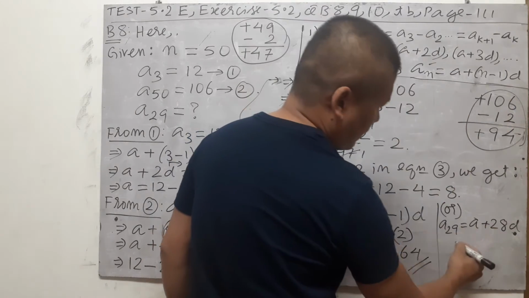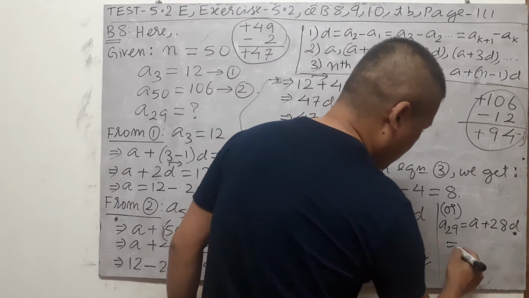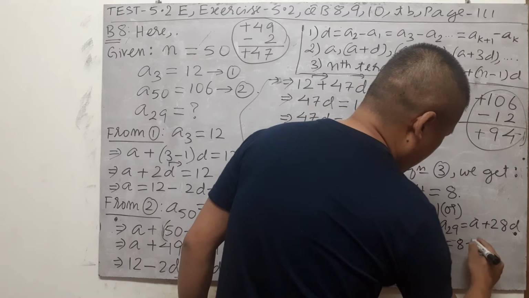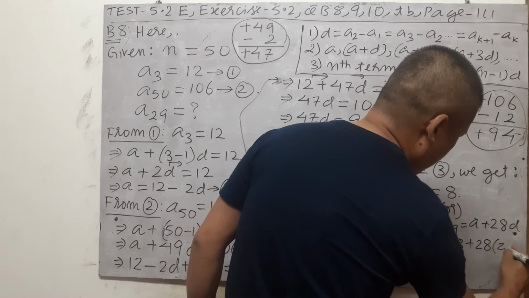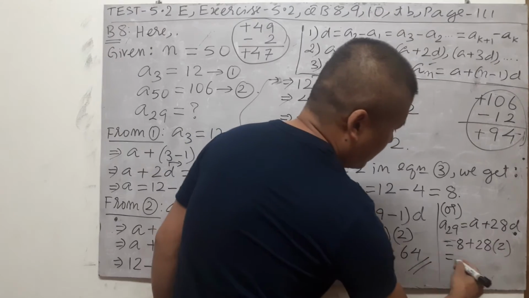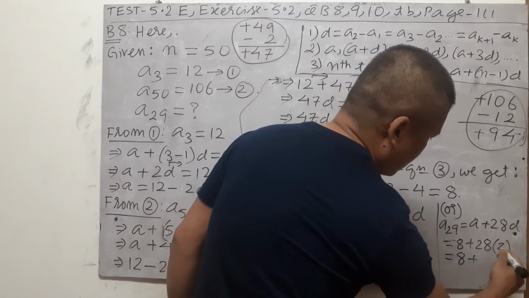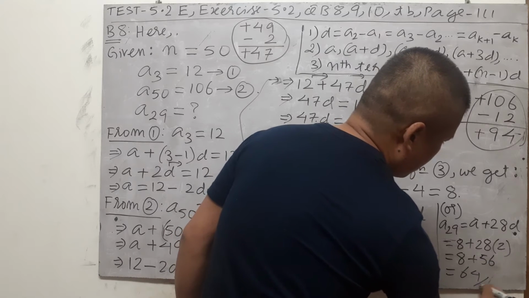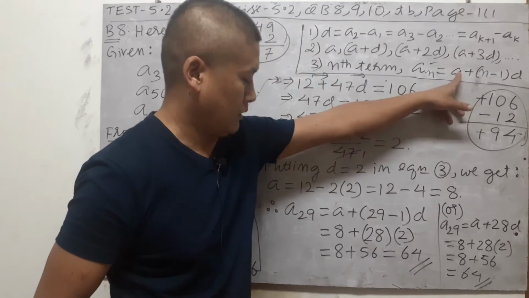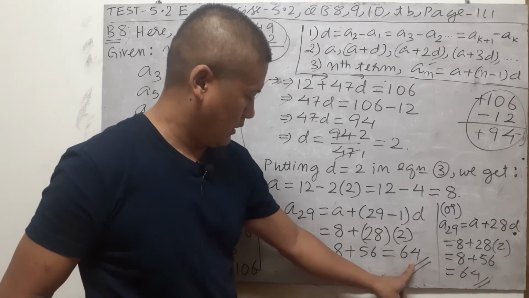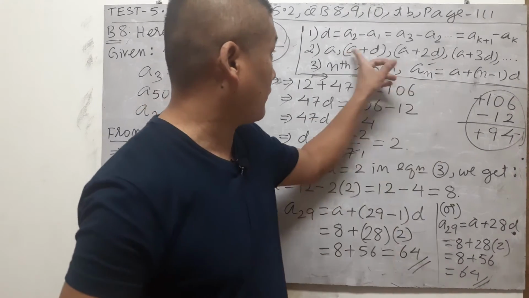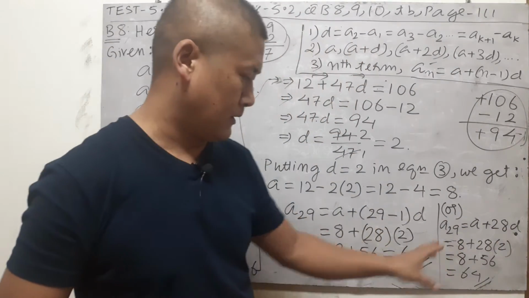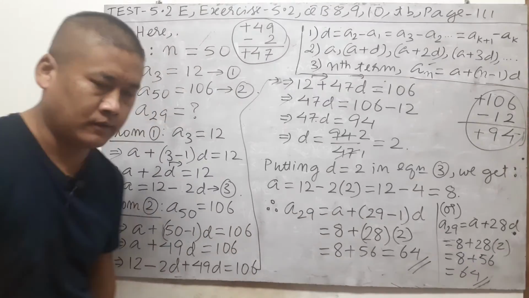Using this formula, we can easily get a is 8, so you can write 8 plus 28 into d is 2, and you'll get the same answer, 8 plus 28 into 2, 56. So whether you use this formula like we did here to get the 29th term, or you use this formula with plus 28d, your result is going to be the same. So it's up to you, right?